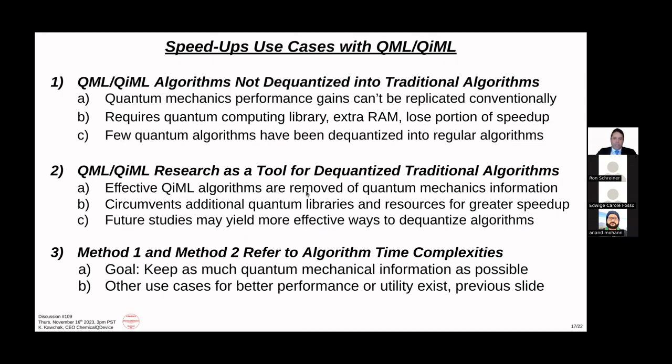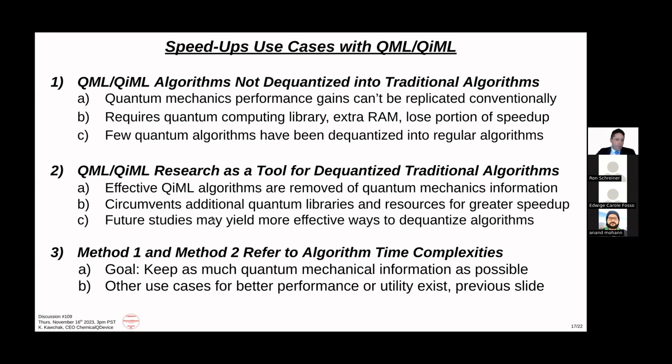Basically, it's removed of quantum mechanics information. You start with algorithms on quantum simulators, these types of things, and then there's a specific rubric you have to follow. If the classical algorithm has very similar performance to the quantum one, the classical one will be preferred because it doesn't take a simulator or extra RAM, that type of stuff. So some have been dequantized. I think it's something probably down the line a while.